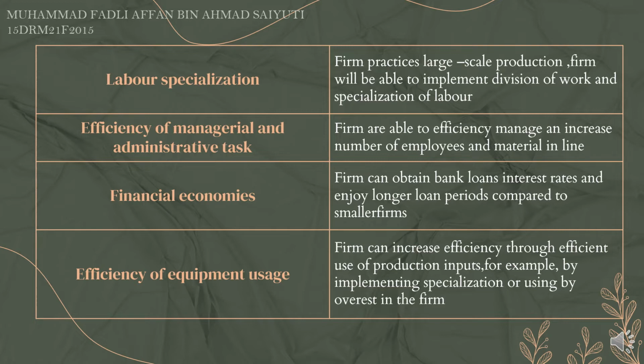Third, financial economies. Firms can obtain lower loan interest rates and enjoy longer loan periods compared to smaller firms. Lastly, efficiency of equipment usage. Firms can increase efficiency through efficient use of production inputs, for example, by implementing specialization and using overheads in the firm.